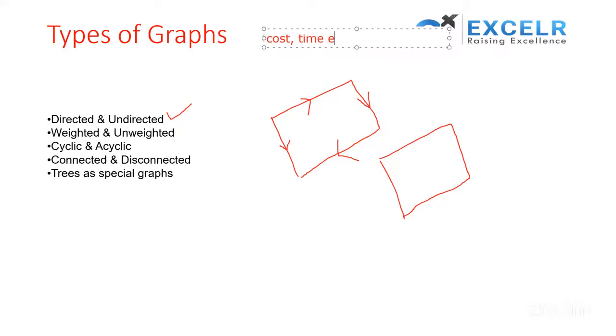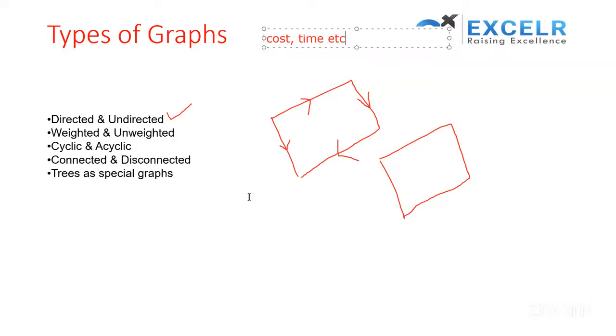For example, like yesterday I told you that you are going from your college to your home. So there might be multiple paths, and it depends. Some path is taking more time, some path is taking less time, or some path is taking more money, you are spending much money in order to reach home, and by some other path you are spending less money, although more time. So it depends. Some people spend more money to reach home early.